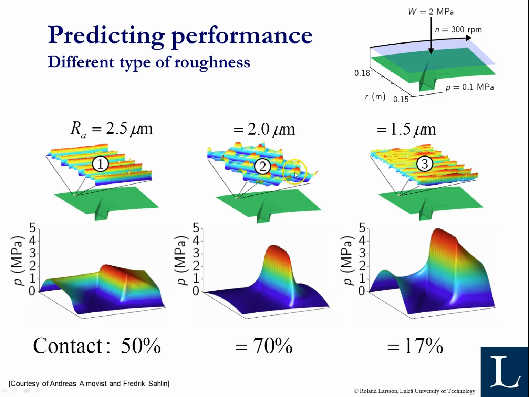That's because this surface is much peakier. You have sharp peaks like this instead of having sharp valleys like this, and this is not at all beneficial. While this surface has even lower RA, and it seems to have a surface roughness distribution which is more beneficial for getting full film.